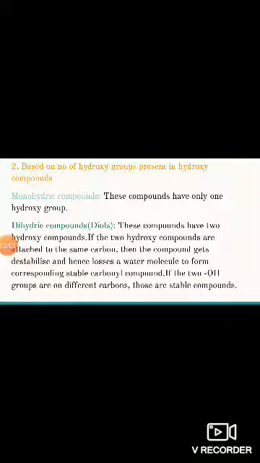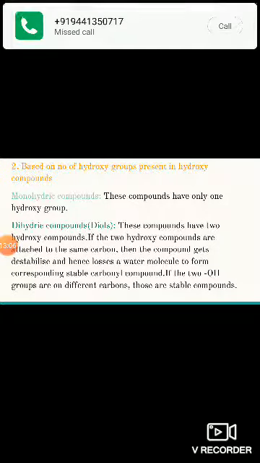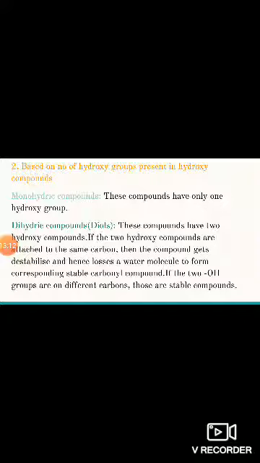If the two hydroxy groups are connected to the same carbon, those compounds are considered gem diols.